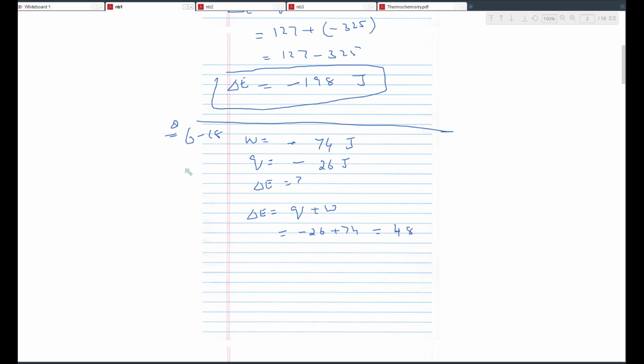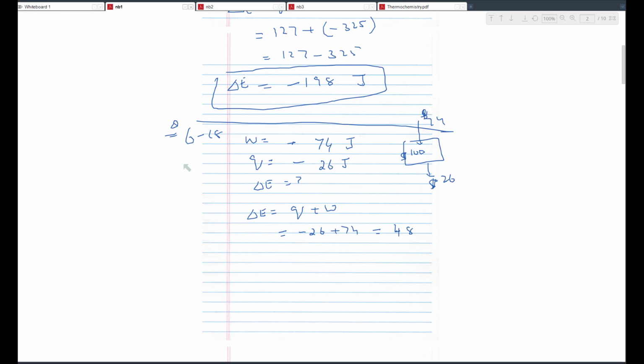Basically, you can consider that suppose you have an account in the bank with some money. Now you are depositing $74 and spending $26. Suppose you have $100. How much is going to increase here?